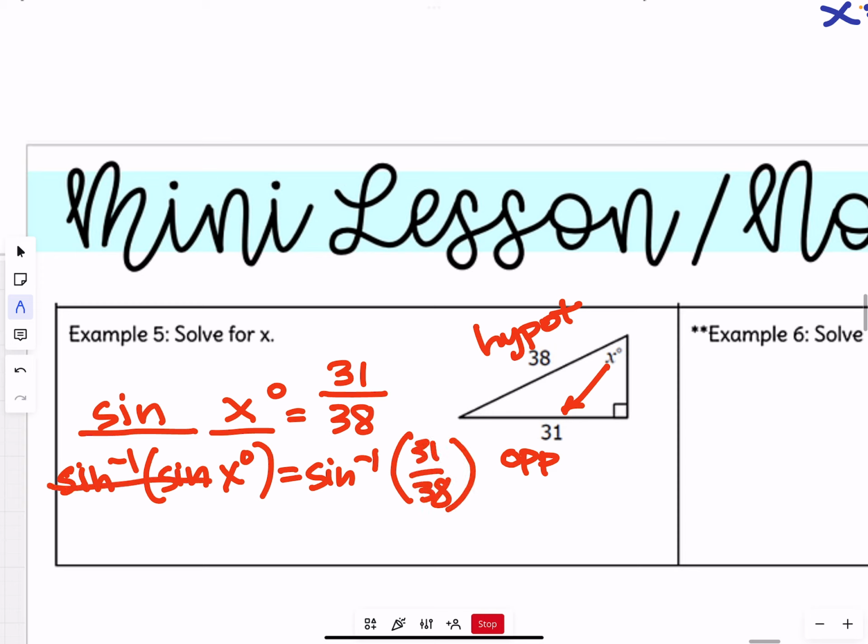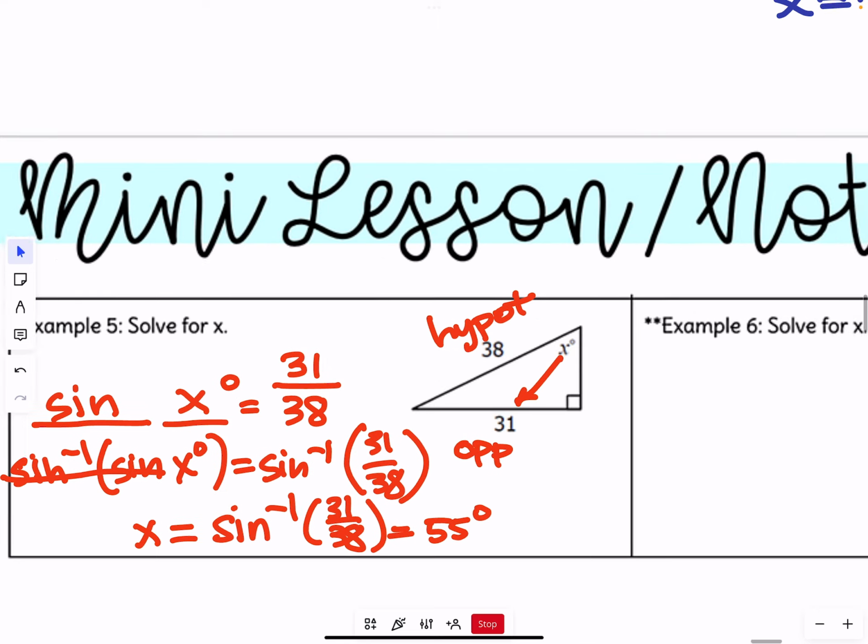Now the sine inverse of sine cancels, and we are left with x is equal to sine inverse of 31 over 38. And what is that? What is sine inverse of 31 over 38? Looks like about 55 degrees. Is that what you got? Always good to have somebody check me. All right, 55 degrees.